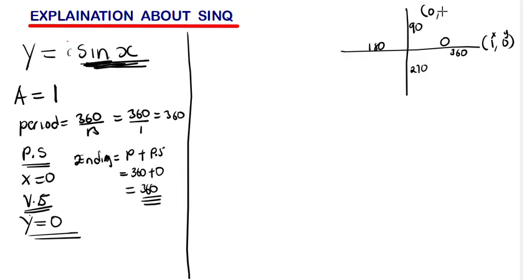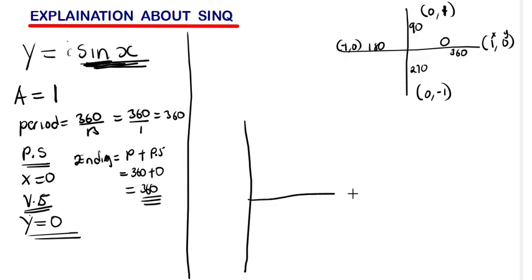So this is 0, positive 1 there. Then this side it's negative 1, 0, and this side it will be 0, negative 1. That is the thing which is there, and now we need to draw the graph.